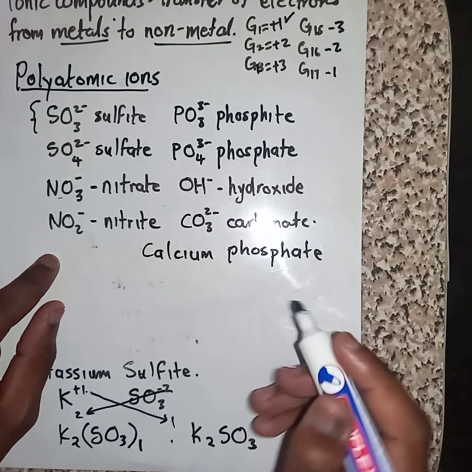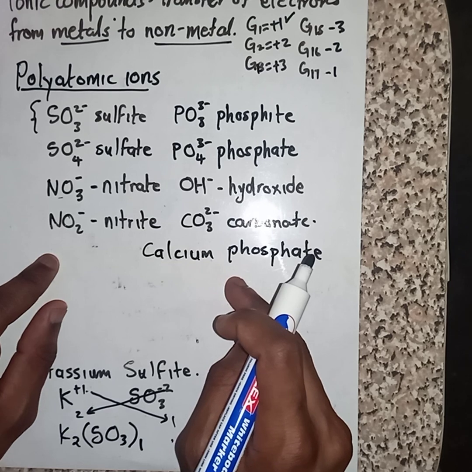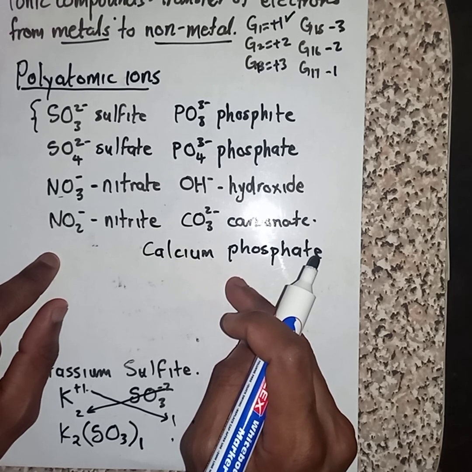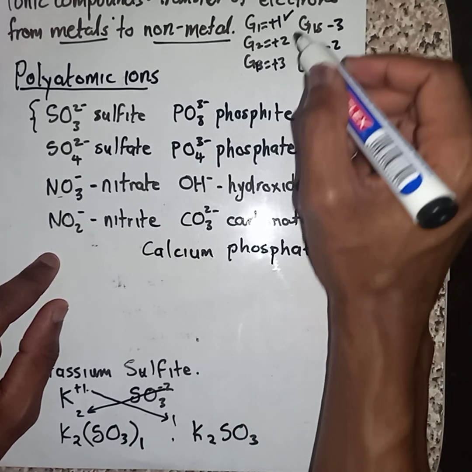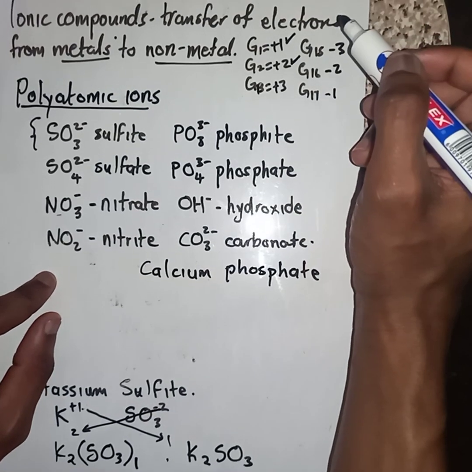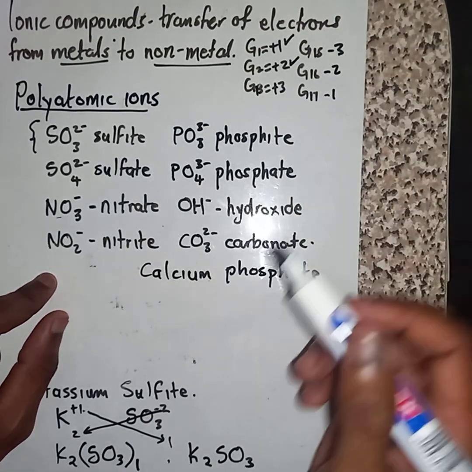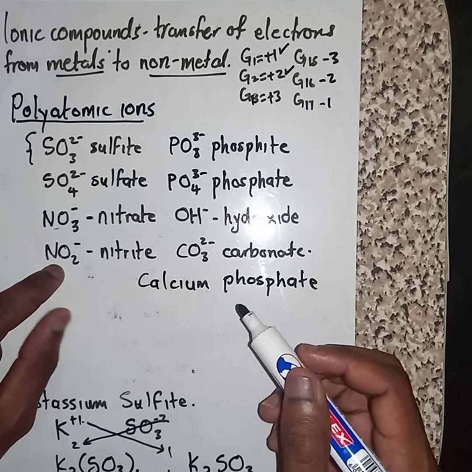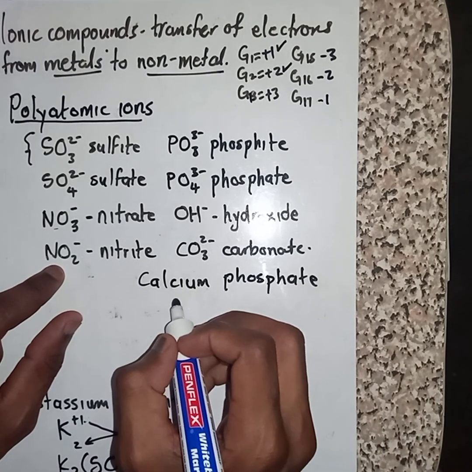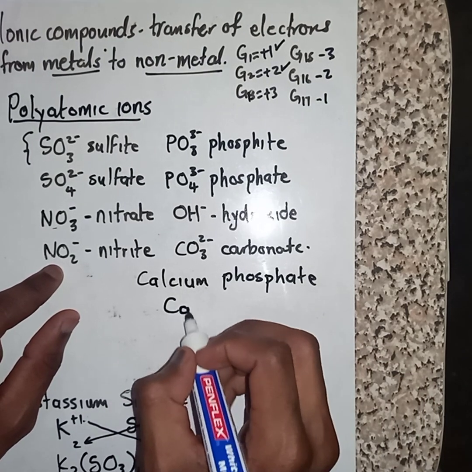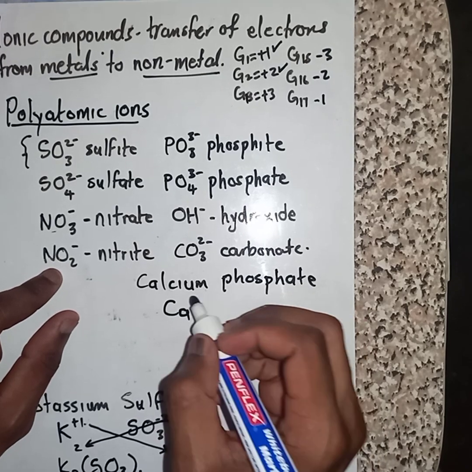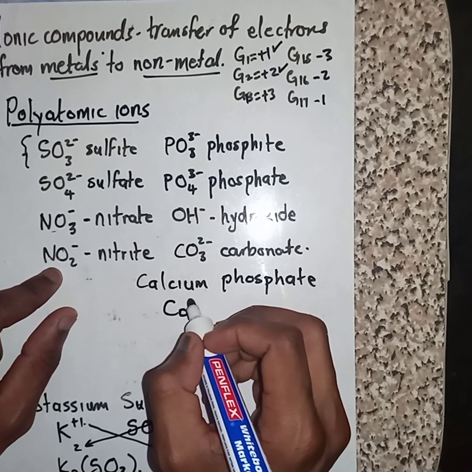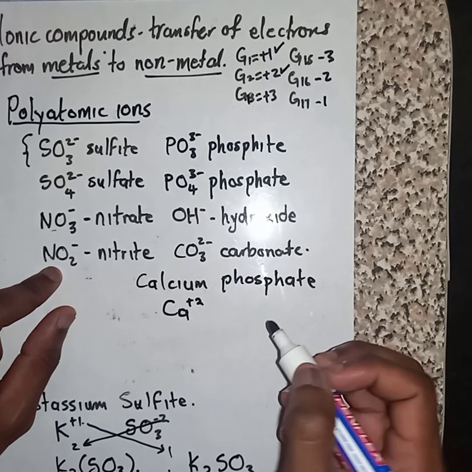It's so simple. From our periodic table, we know that calcium is in group number 2. Group number 2 is going to have a cation charge of +2.